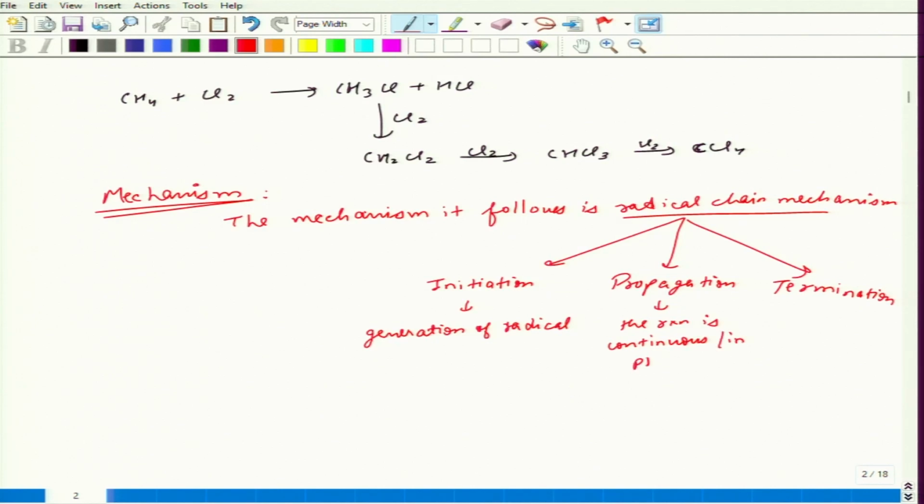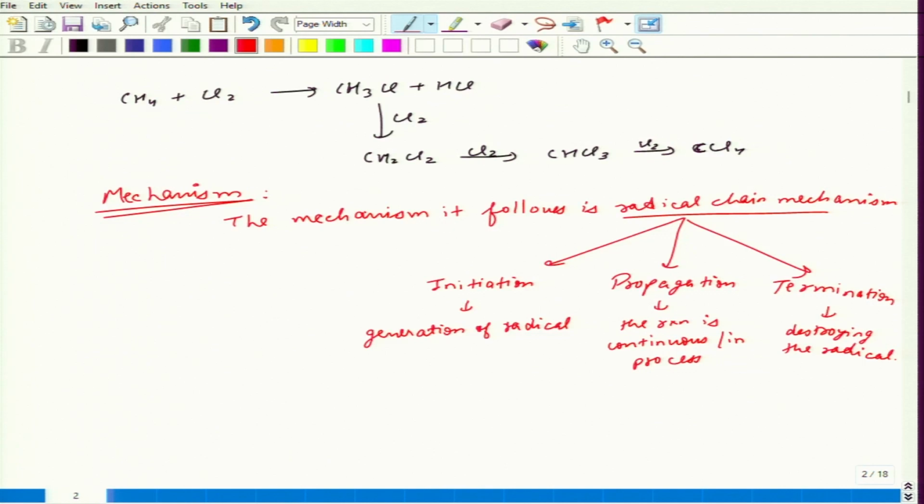And termination means destroying the radical. So, three basic steps: initiation, propagation and termination. Initiation means the generation of the radical, propagation means the use of that radical to form the desired substituted product, and termination means to end the reaction and to destroy the radical.